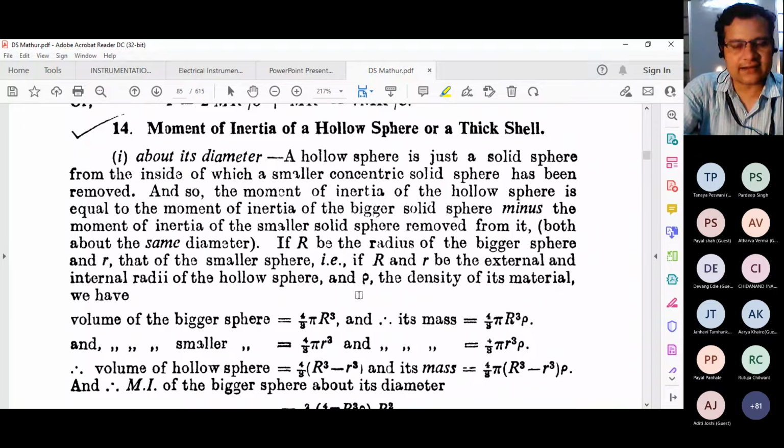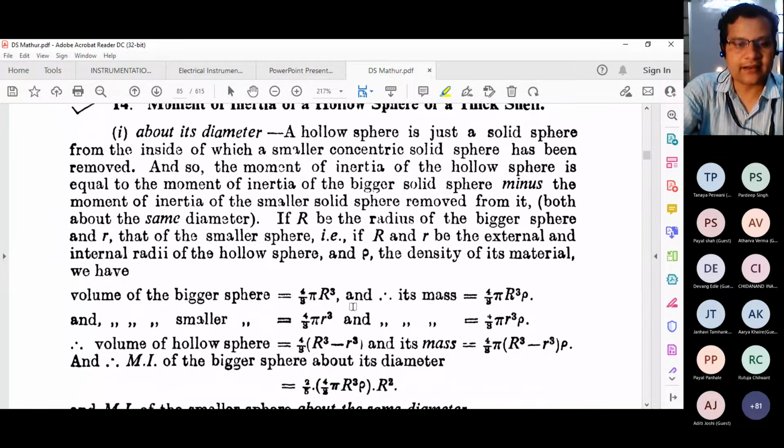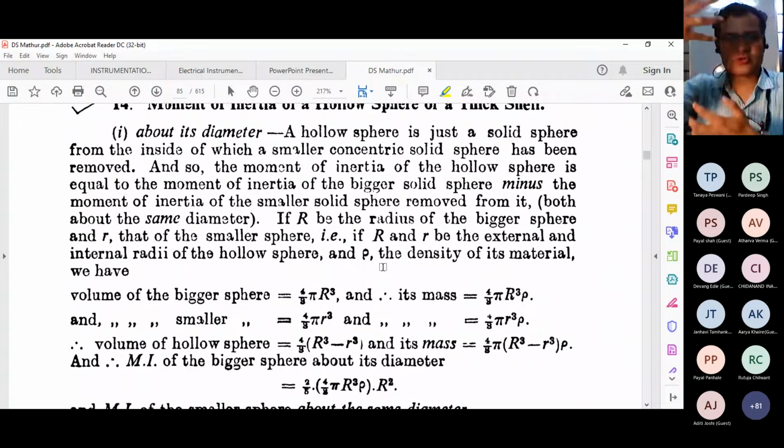One we call the external radius, capital R, and the other we call the internal radius, small r, of that hollow sphere. And we consider this homogeneous, because the material is homogeneous, and the material density remains the same. The density of the material is rho, we can consider over here.